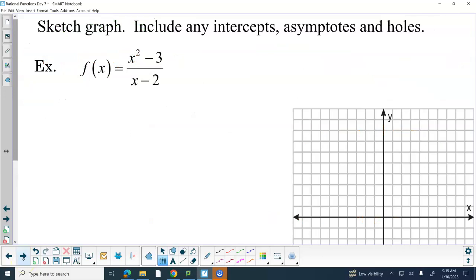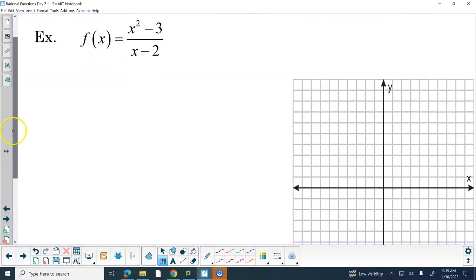So here's our function: x squared minus 3 all over x minus 2. Step 0 says that I need to simplify or factor. Why not?